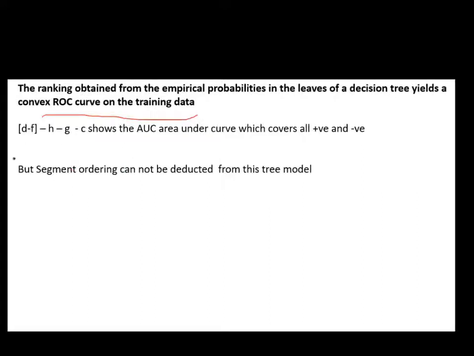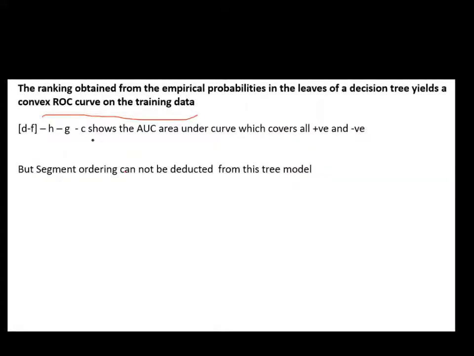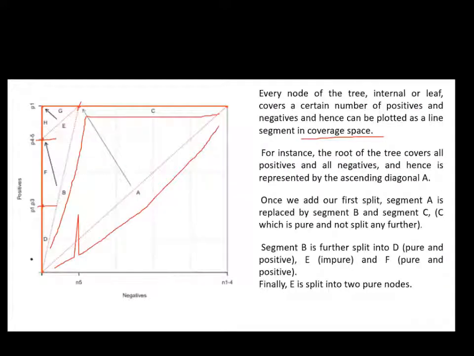In the above example, DFHGC shows the AUC, area under curve, which covers all positives and negatives.